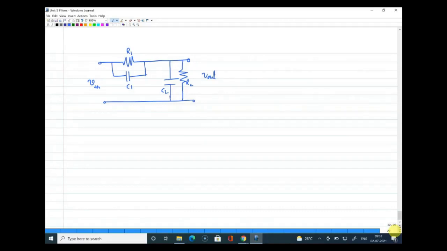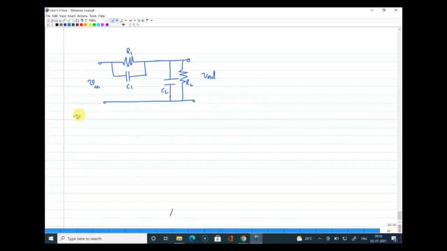An equivalent resistance is 1 by SC1 parallel to R1, and 1 by SC2 parallel to R2. I didn't get the equivalent. We just simplify C2 and R2 as 1 by SC2 parallel R2, and it's the same expression as last time. Yes, that is right.